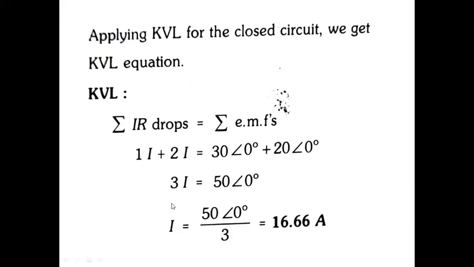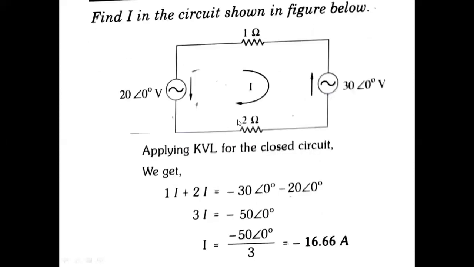The sum of the potential drops is equal to the sum of the potential rises. So these two are potential rises. Next, here the sum of the potential drops.